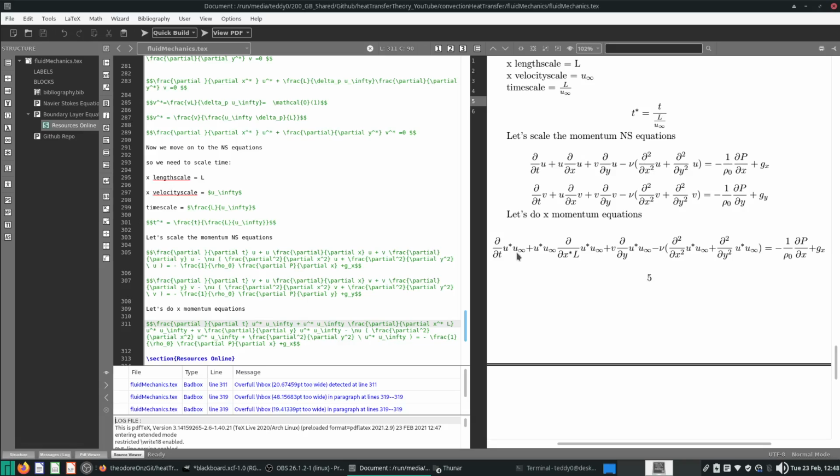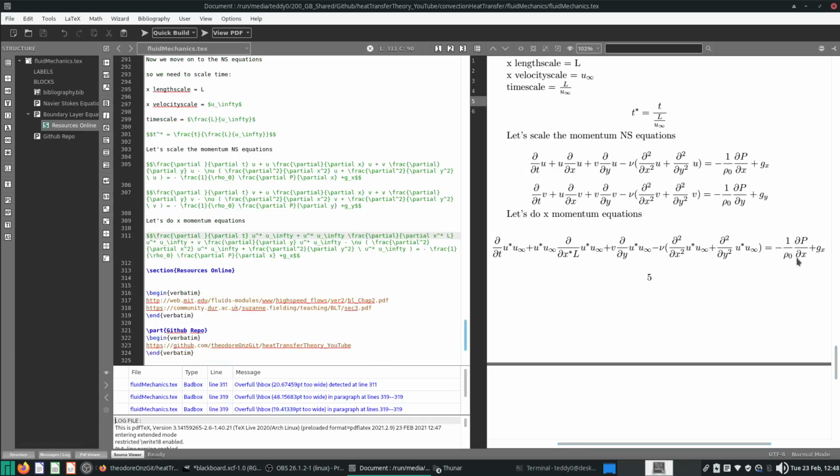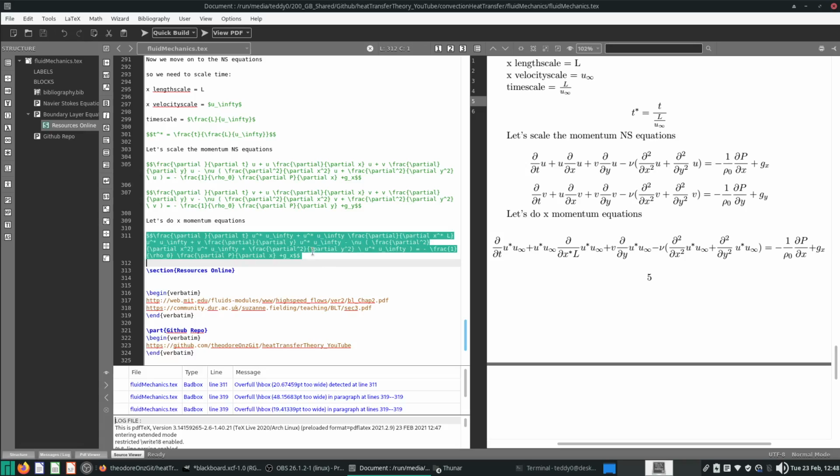However, there's one thing we can do. You can see that u infinity is almost on all of these units and what have you. One easy way is to divide everything throughout by u infinity. So u infinity will be divided throughout here, 1 2 3 4 5, and of course we'll have to divide the right hand side by u infinity as well.